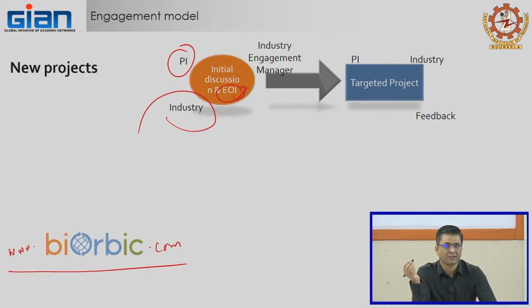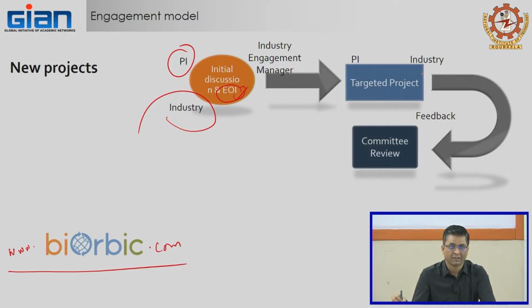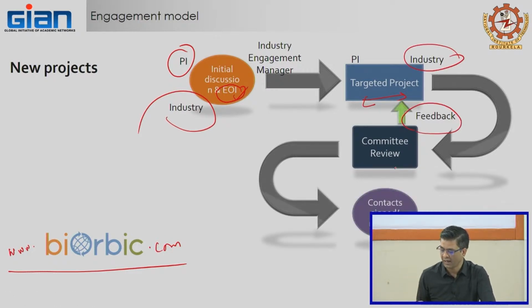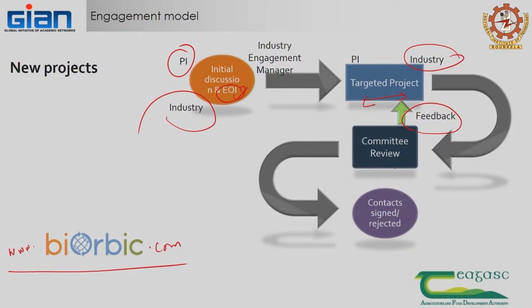We have a researcher, he says we can solve the problem by doing A, B and C, a sort of co-creation activity, and then a very short project proposal is developed with industry, we get feedback, it is reviewed, and then the contract is signed. So this is the model where industry is engaging directly with the researcher.